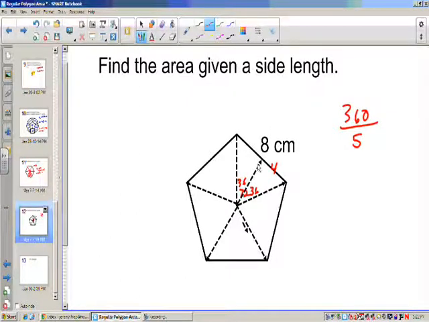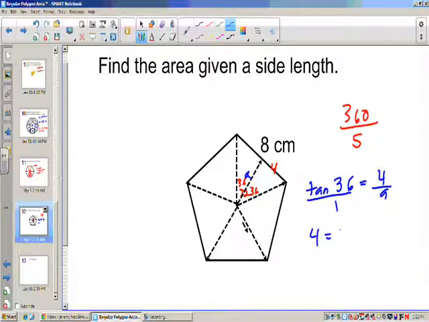So if I want to find my apothem, call it A. This is the opposite side. The apothem is the adjacent side. So I could say the tangent of 36 degrees is going to be 4 over A. Now we can cross multiply. So 1 times 4 is 4.